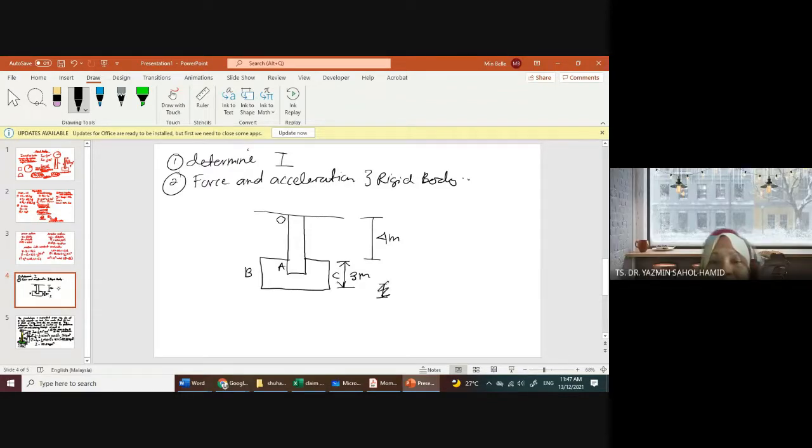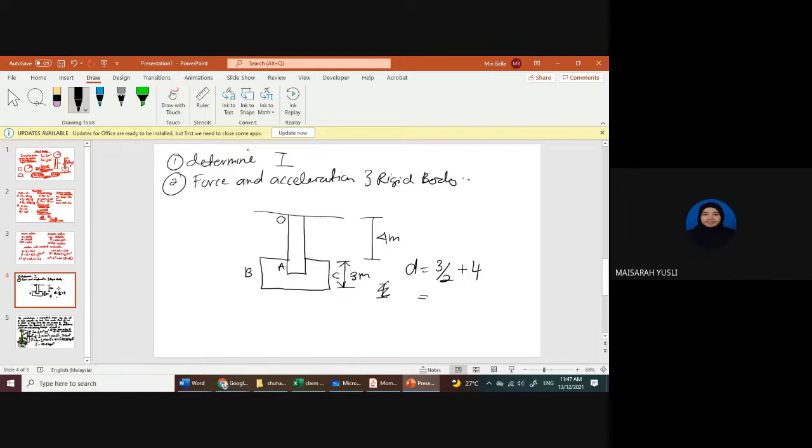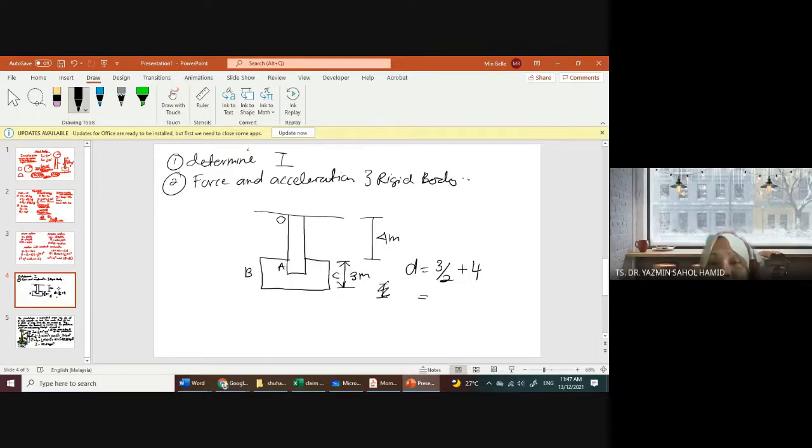Macam mana dapat D dia? 3 bahagi 2 campur 4, betul? 3 bahagi 2 berapa? 5. Okay. So, itulah cara nak dapatkan D. Faham tak? Faham.